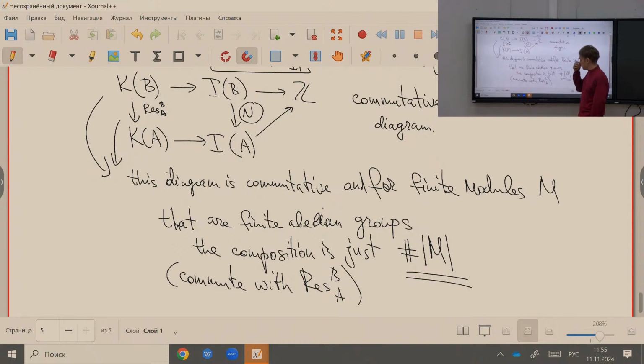So why is it most natural? Because otherwise you have to check something about the application of the norm in this formula.